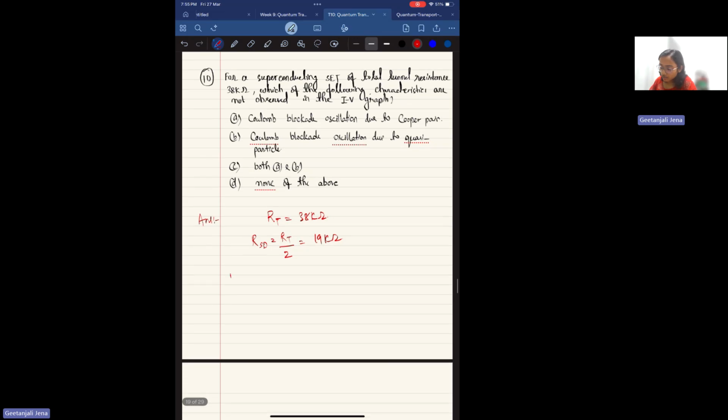And if we recall, for the Cooper pair, R_T should be greater than h by 4e square, which is 6.45 kilo ohm.